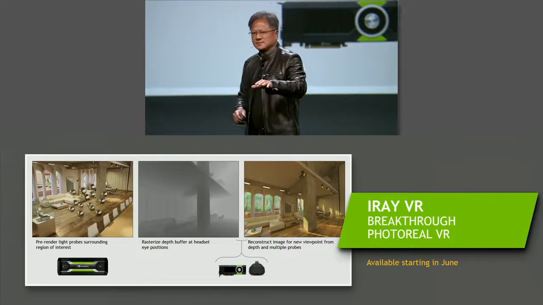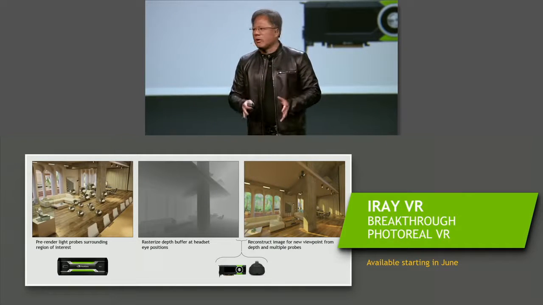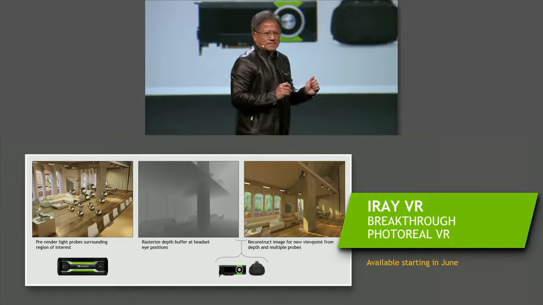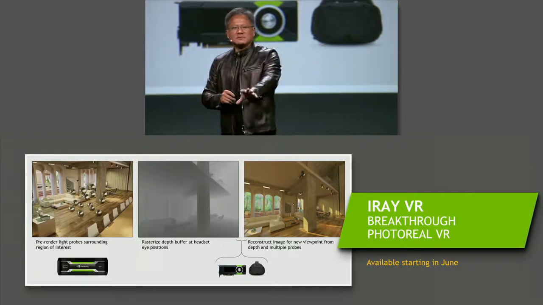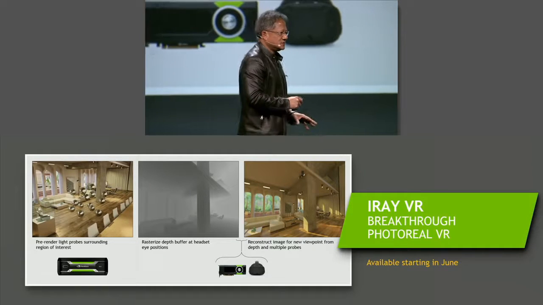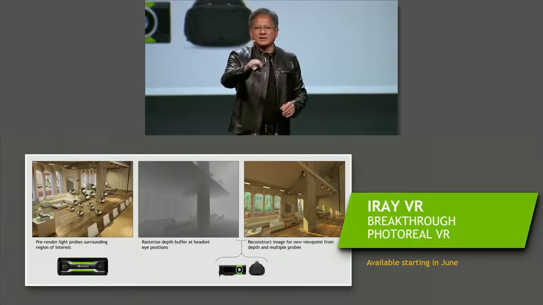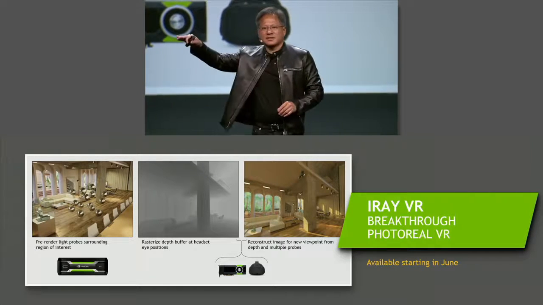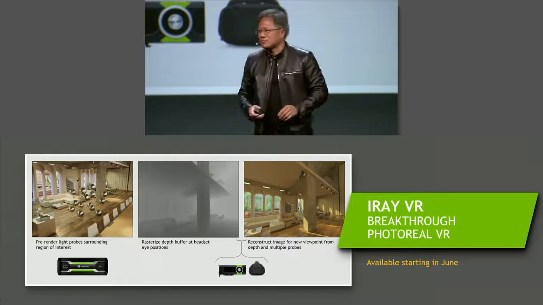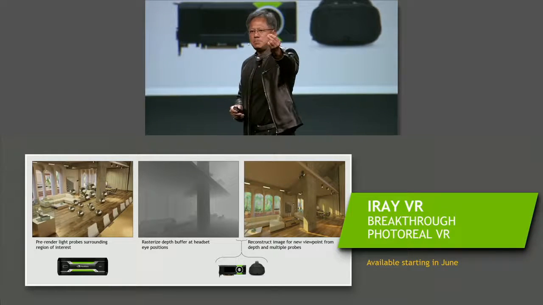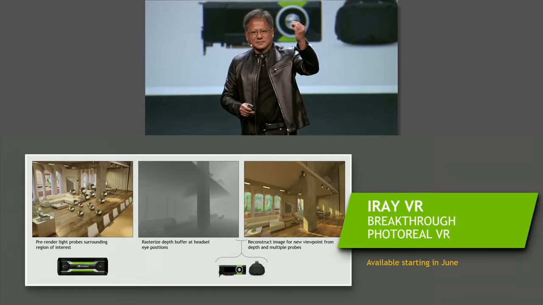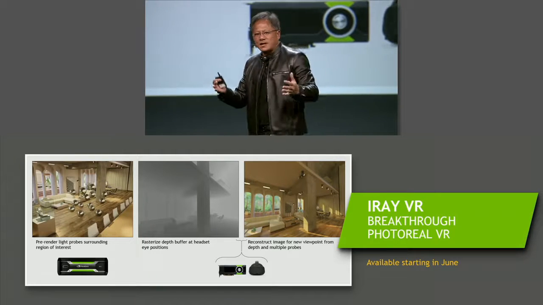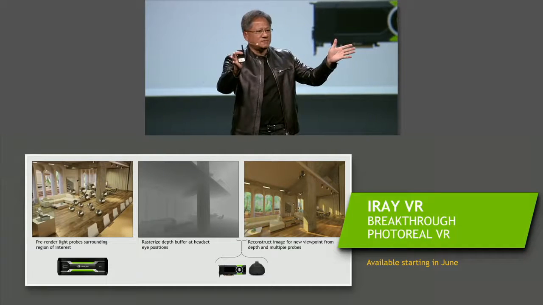Next, on a workstation with Quadro M6000, it needs to have a really, really large frame buffer so that all of these light probes could be resident in the frame buffer. We then rasterize the scene from the point of the eye to figure out the depth and which one of the light probes is the most appropriate to pick off the sample from, which is then mixed, filtered, processed, so that it looks appropriate from that eye.